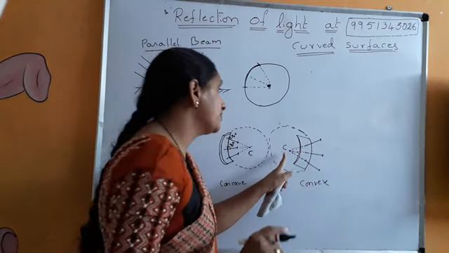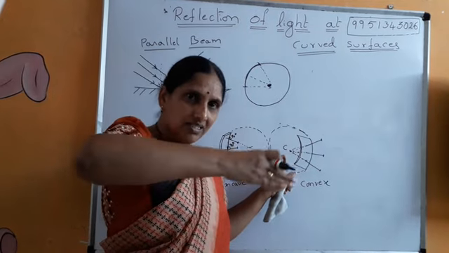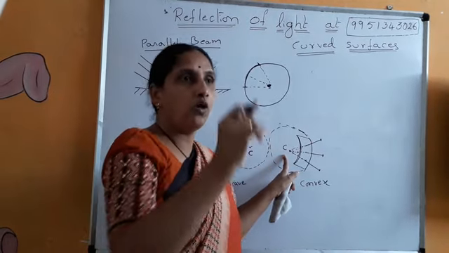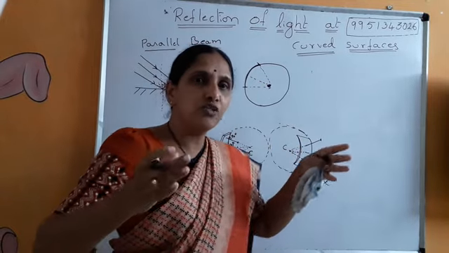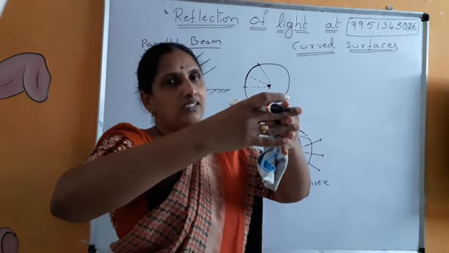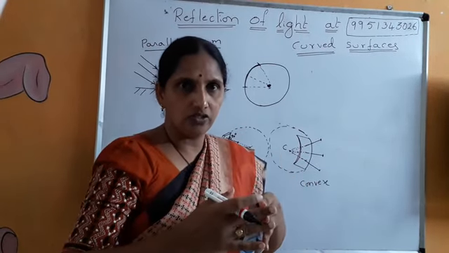So the basic principle you have to remember is that in the case of curved surfaces, the normals drawn at different points always meet at the center of curvature.